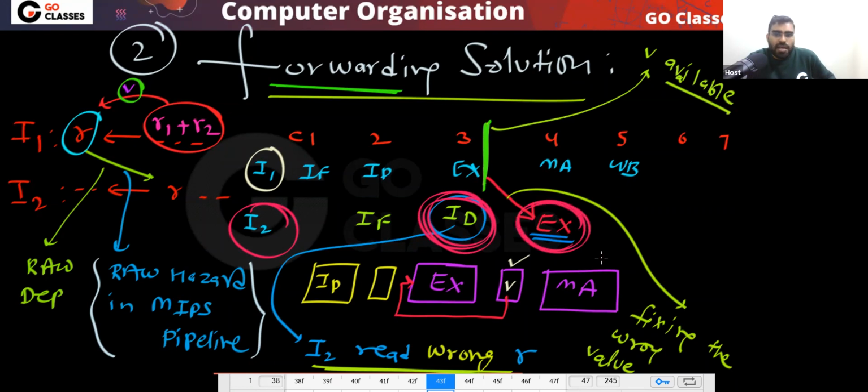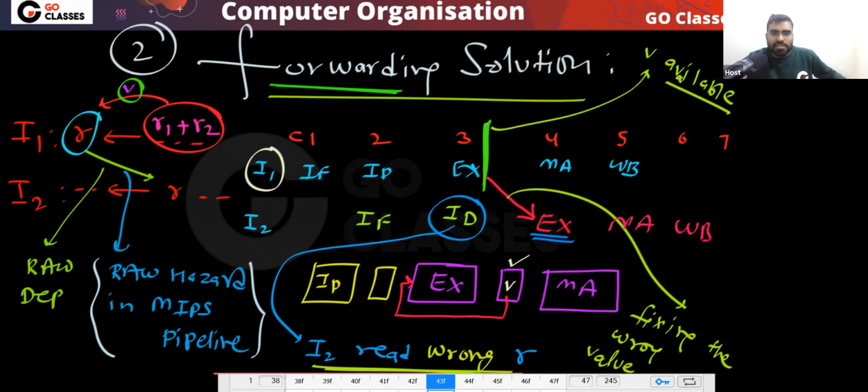This is interesting: I2 reads the wrong value, but the calculation happens on the correct value. So there is no problem. It can go to MA, then WB. That's it. This is your forwarding solution.